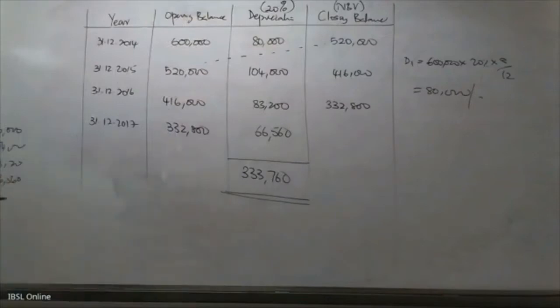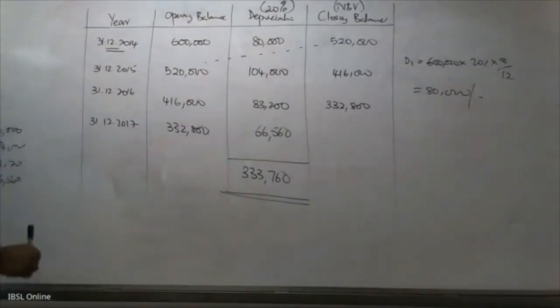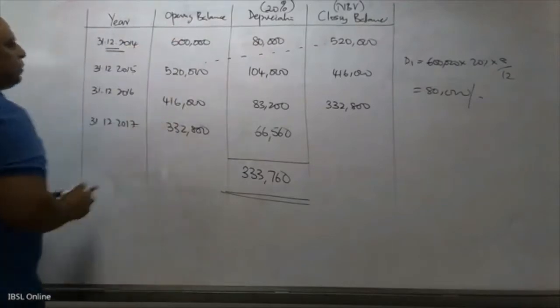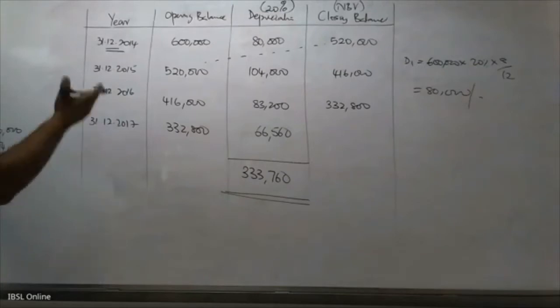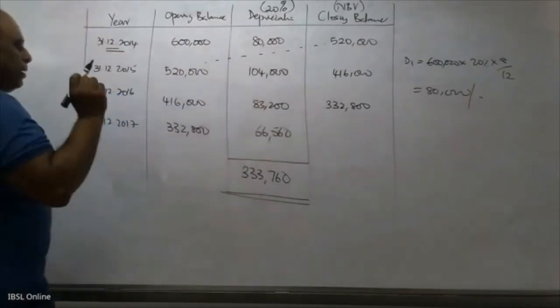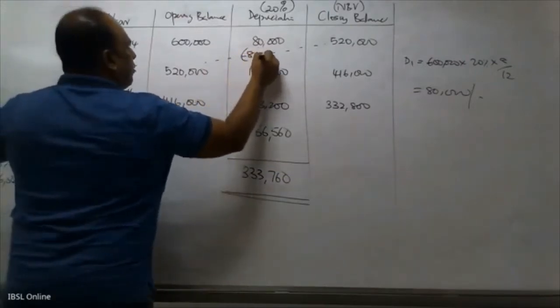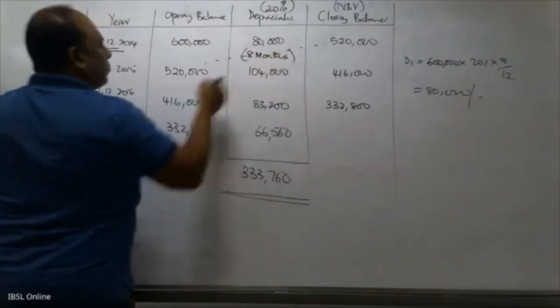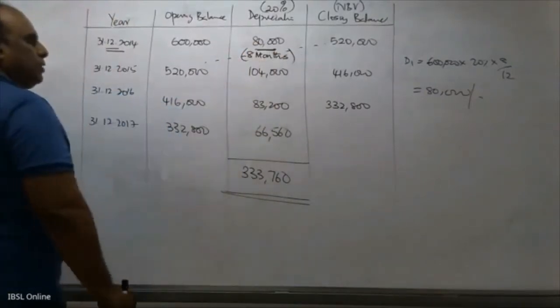Right? So when you calculate the depreciation for the first financial year, the balance will be 600,000. That is the opening balance because there is no residual value. Into when you apply the 20%, but remember that is for only 8 months. You have to remember that. So because of the 8 months only, you get 80,000.